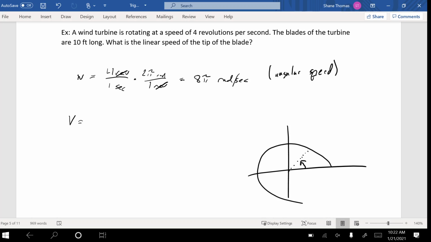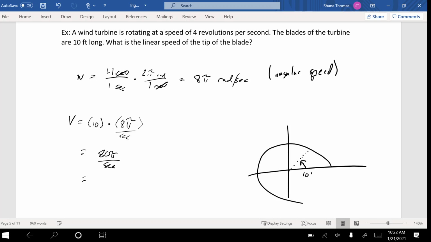All right, we have our radius. My radius is 10 feet. That's given to us. So I have 10 times my angular speed that we just found, which is 8 pi per second. Multiply that, we're looking at 80 pi feet per second.